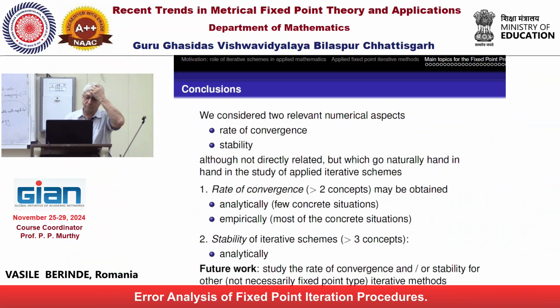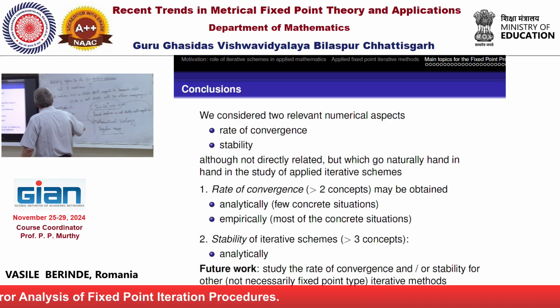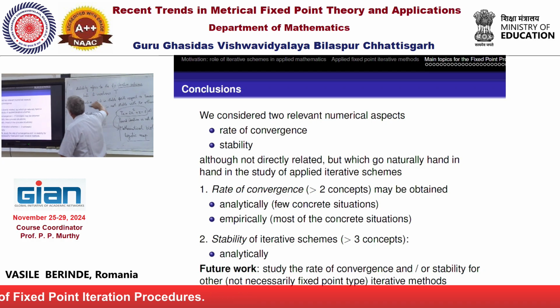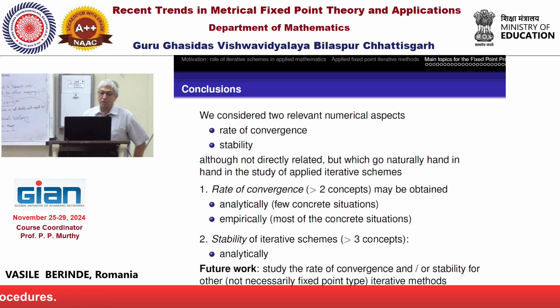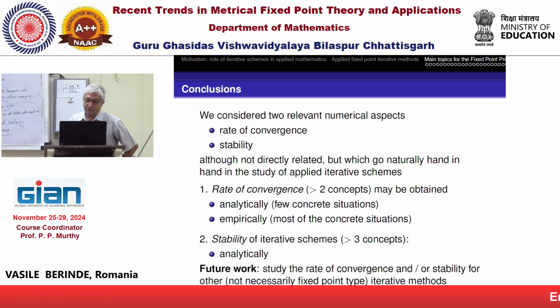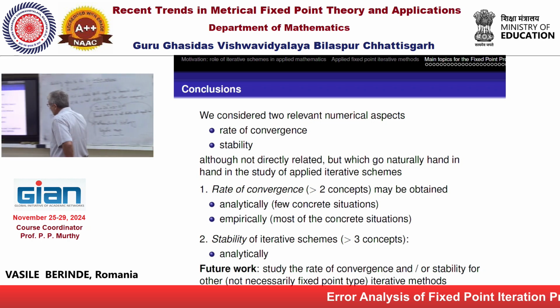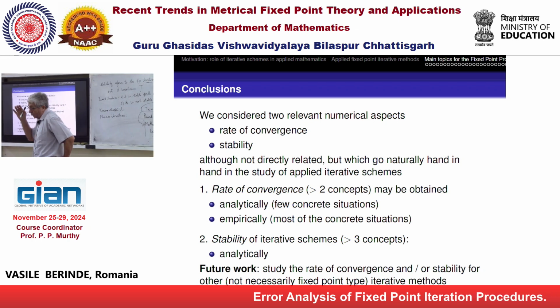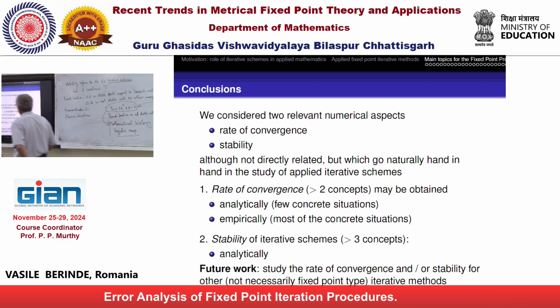I wanted to speak about another concept of stability. I mentioned just stability, weak stability, and also almost stability, but I did not present weak stability. I just wanted to challenge you, as future work, if you find this concept interesting.